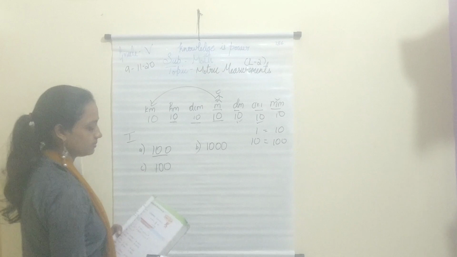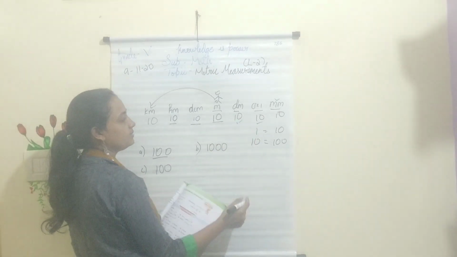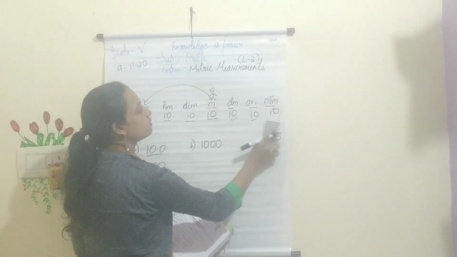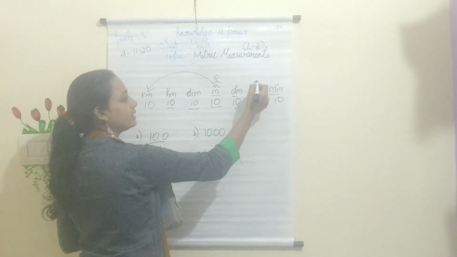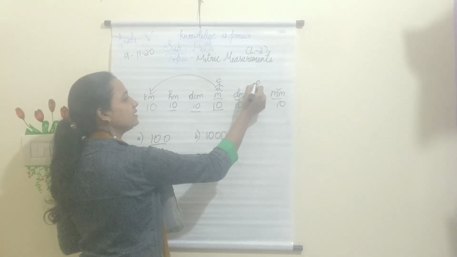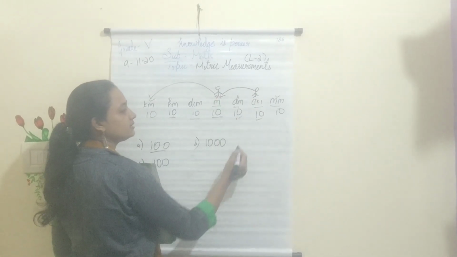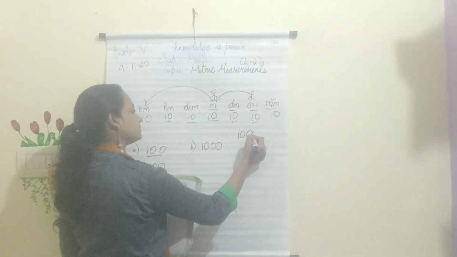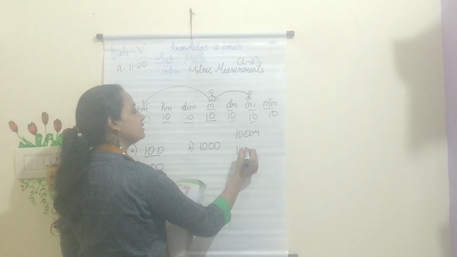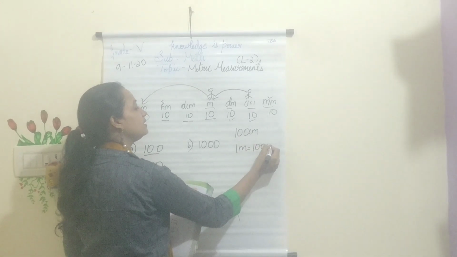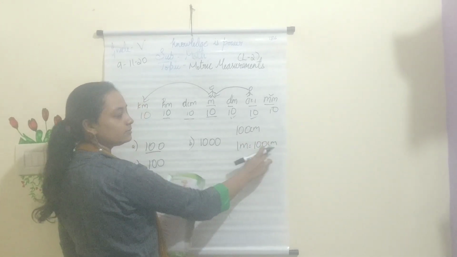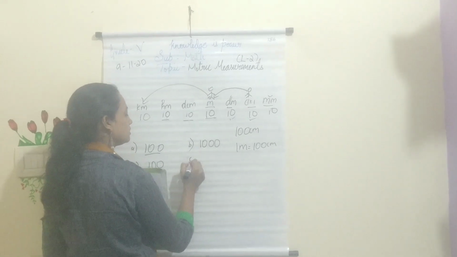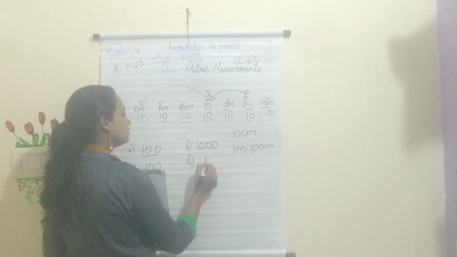D, 100 centimeters is equal to how many meters? You all know 1 meter is 100 centimeters. So 100 centimeters will be equal to 1 meter. D is 1 meter.